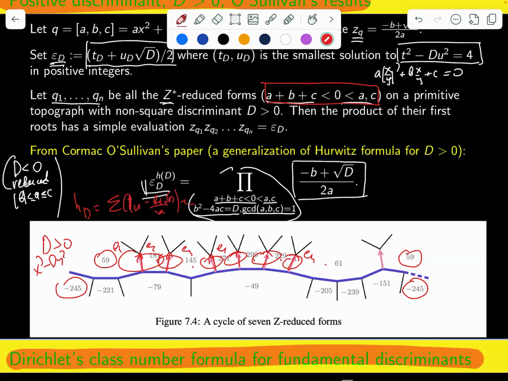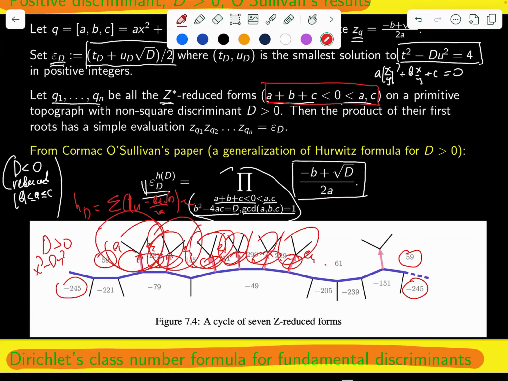So you present these sums over topographs. The total sum of all topographs splits into equal terms, and so the total sum is proportional to h of d. But now you should consider only these parts of the topograph, because otherwise the sum will be infinite, because the topograph is periodic.